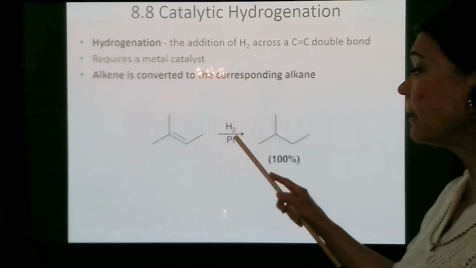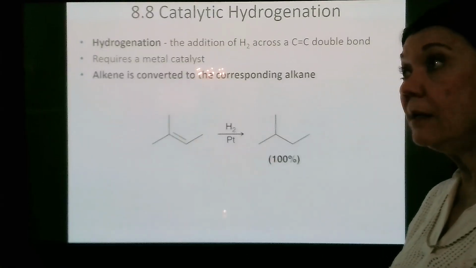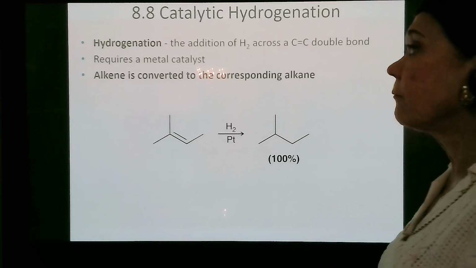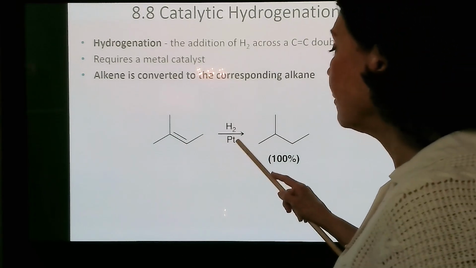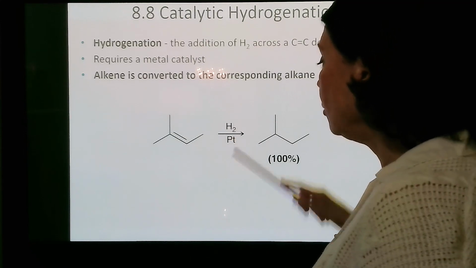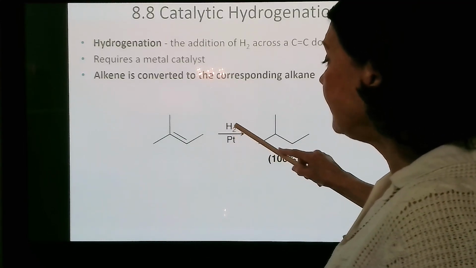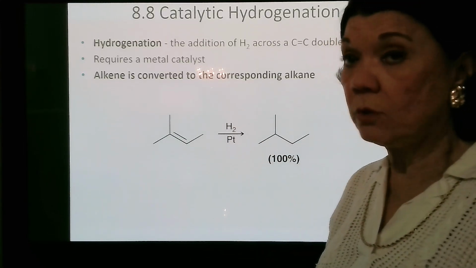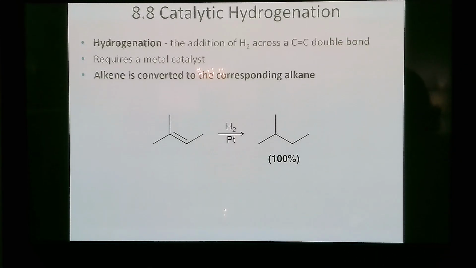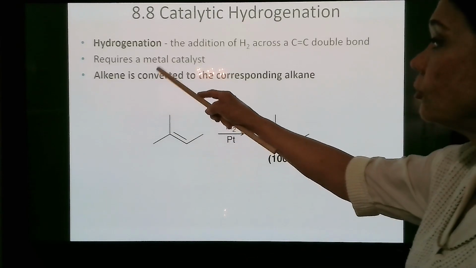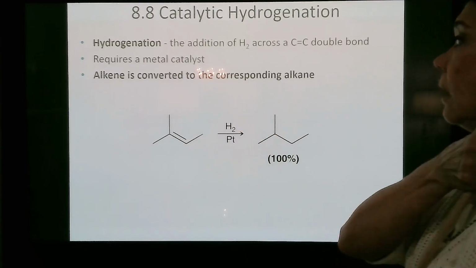There are many metals here that are used: platinum, palladium, Raney nickel. There are many other metals that are used. Basically, if you see H2 and a metal, it's probably going to give you catalytic hydrogenation. It requires a metal catalyst.